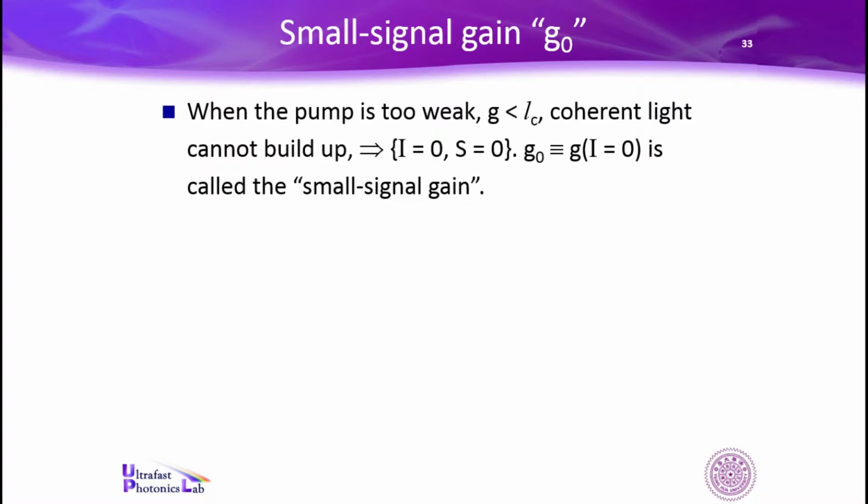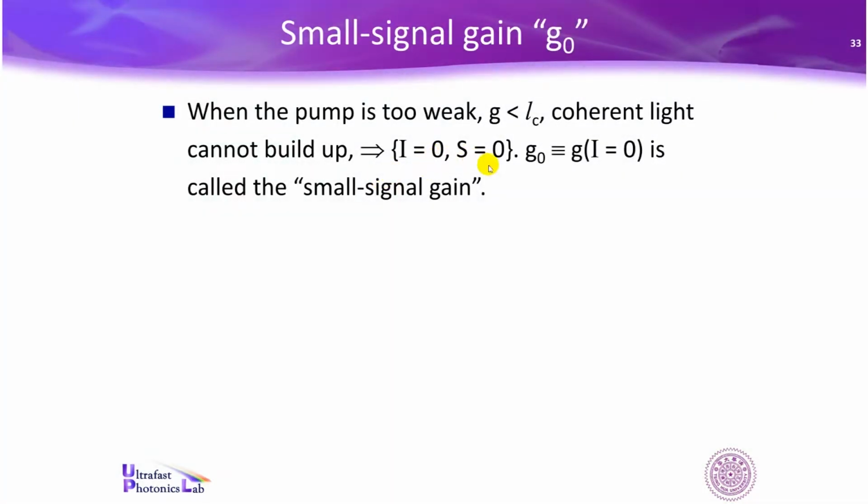So you cannot build up the coherent light. There is no lasing. In that case, lasing light intensity I is 0. As a result, stimulated emission rate S is also 0. In this special case, the corresponding gain G when light intensity is dark is coined as small signal gain with a special symbol G sub 0. Okay?